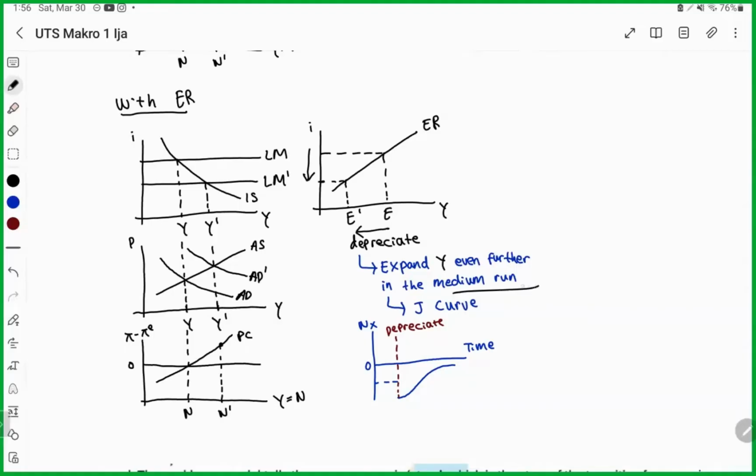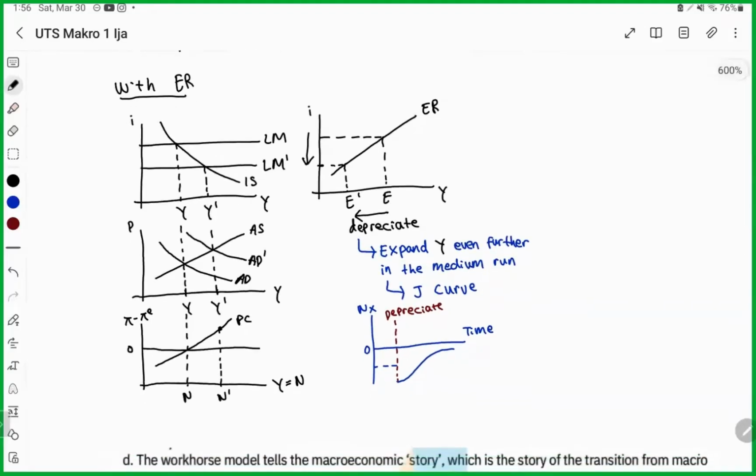Why in the medium run? Because as we know, there is the J curve. In the J curve, we know that depreciation is detrimental in the short run, but in the medium run, it will adjust so that net export will eventually increase.